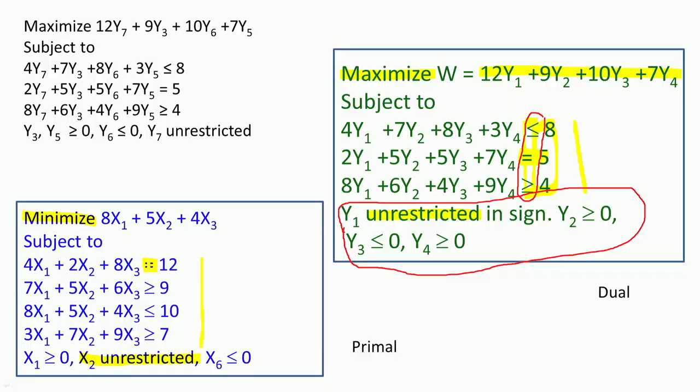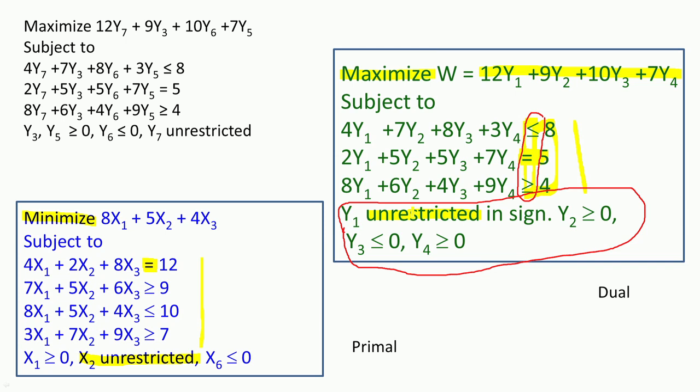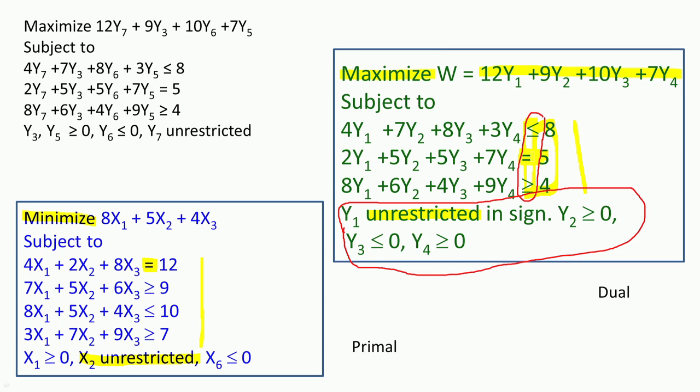Now these 2 constraints resulted in 2 variables in the dual, which were subsequently merged into an unrestricted variable. So an equation constraint results in an unrestricted variable. The unrestricted variable got expanded to 2 variables, and then it became 2 constraints, and these 2 constraints were merged into an equation. So the unrestricted variable corresponds to an equation constraint. So that relationship we can comfortably find out. The other thing is, in the minimization, the first variable is greater than or equal to 0.